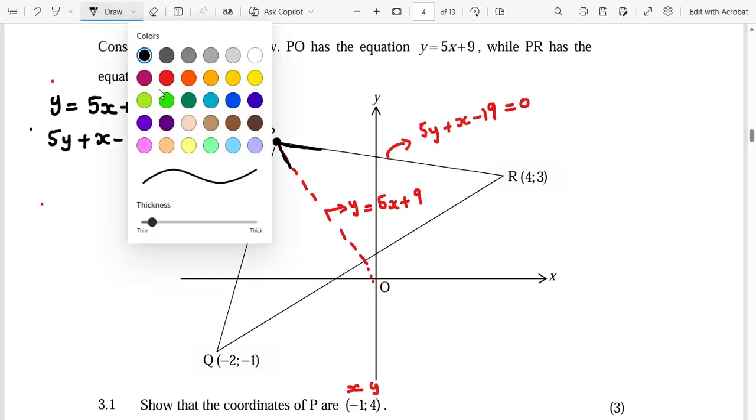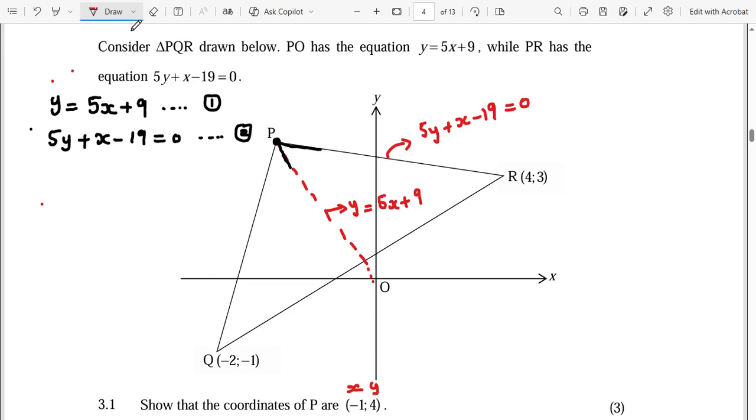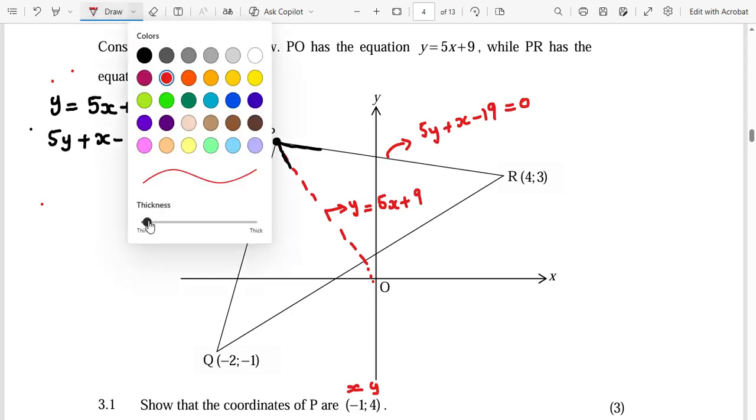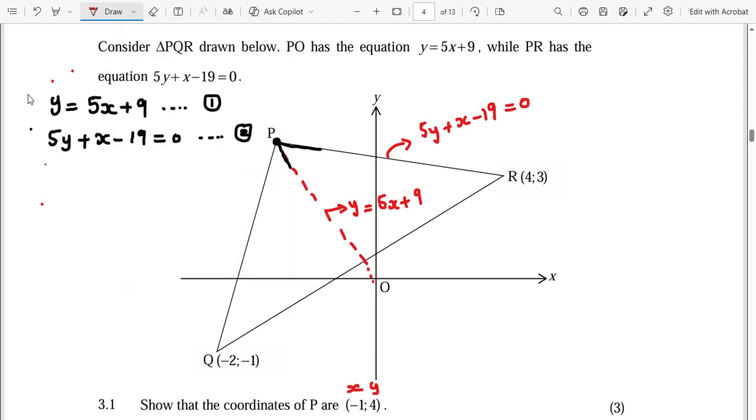Already we have one equation with one variable as the subject of the formula. So the aim is to substitute equation 1 into equation 2, meaning that where there's y in equation 2, we can put 5x plus 9.